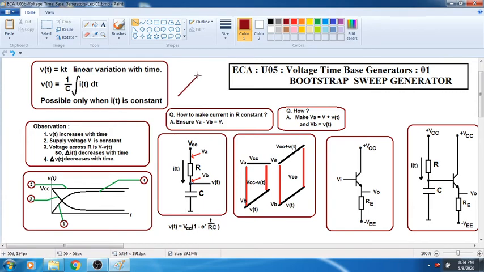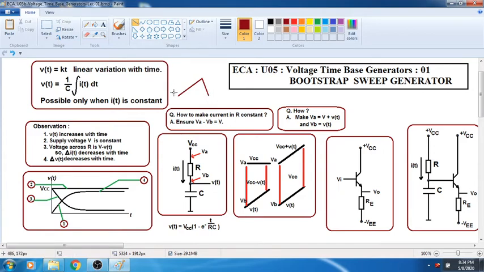So, like this, the voltage will increase linearly with the time. Okay. Now, a much more complete definition is the voltage must increase linearly with time for some duration, and after a particular duration it must again come back to the original state, maybe 0 or negative, in a shorter duration.